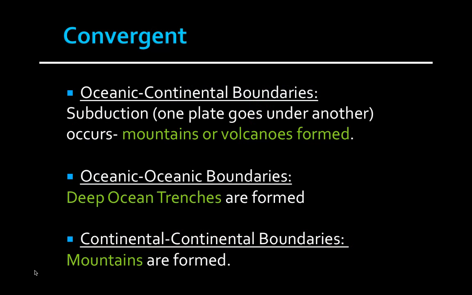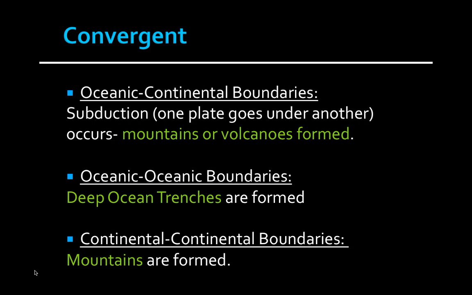Convergent boundaries have three different interactions depending on what types of plates are meeting. If an oceanic and a continental plate meet, what happens is subduction, where one plate goes under another. The oceanic plate is more dense and therefore will be pushed below the less dense continental plate.